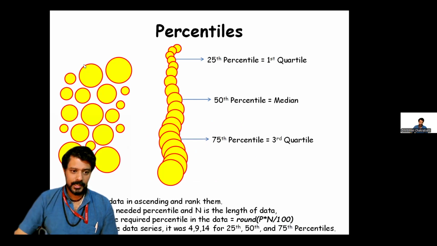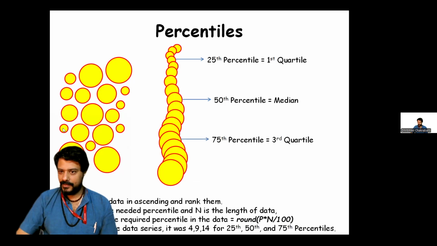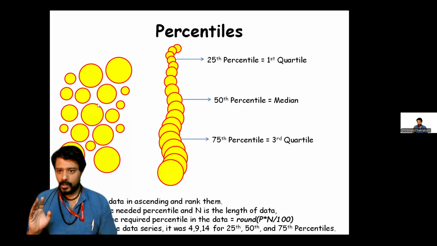Okay. So here you have got a bunch of data, in which the size of the blob basically is the magnitude of each data. So it is like a mixture of, I've drawn 18 circles, that is 18 samples are there. Now, what a percentile means is that whatever value you get at whichever percentile, like suppose at 20th percentile, you get a value of 10, that tells you that 20% of your data series has values less than 10.